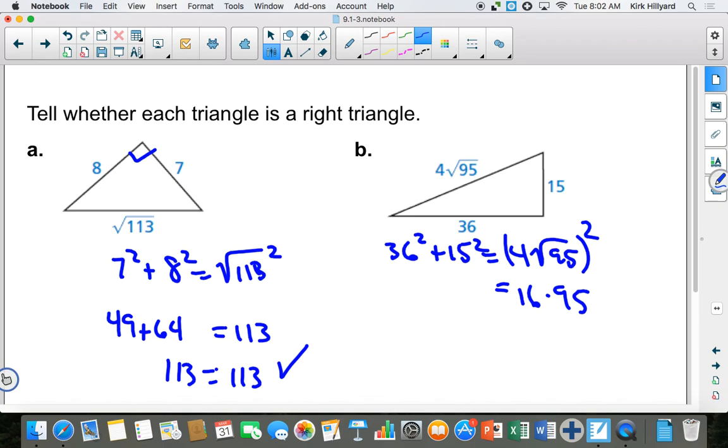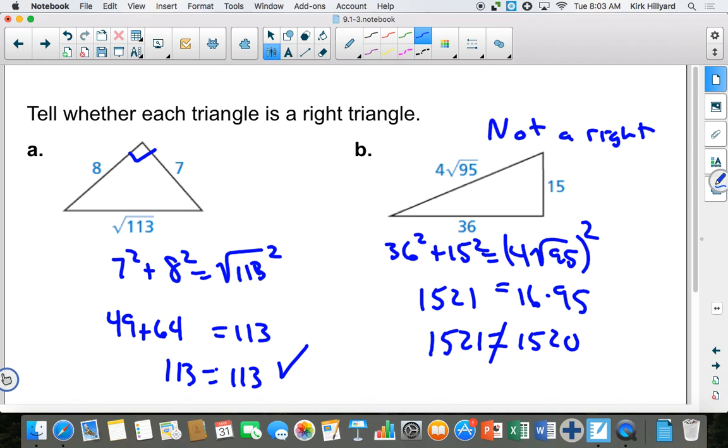And 36 squared works out to be 1521, and 16 times 95 is 1520. Those two do not equal one another, so this is not a right triangle. Not a right triangle, okay, because they're not equal.